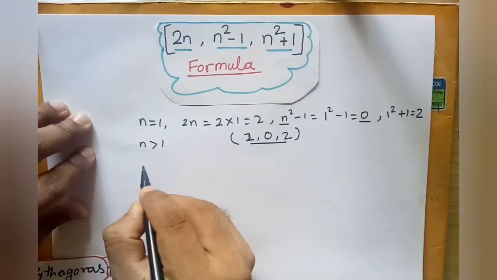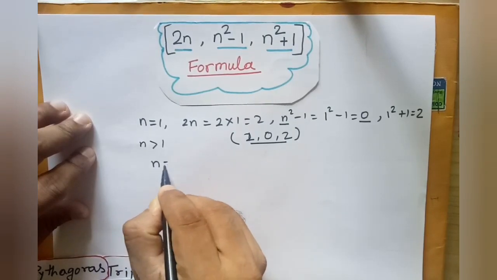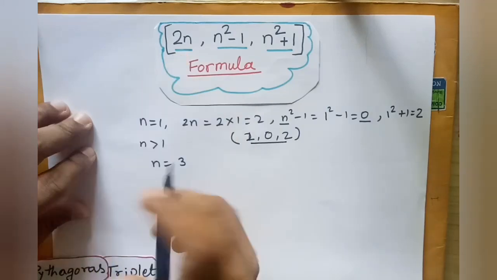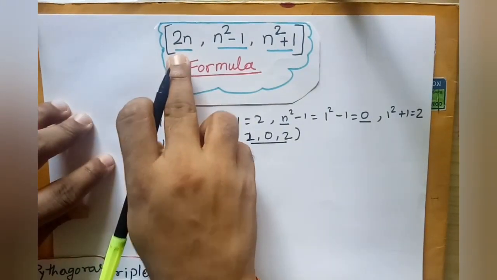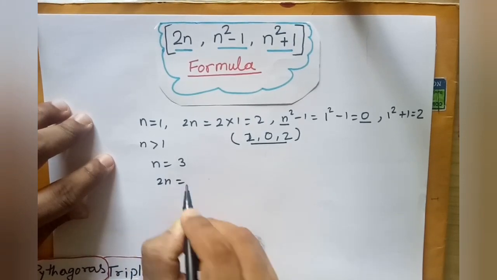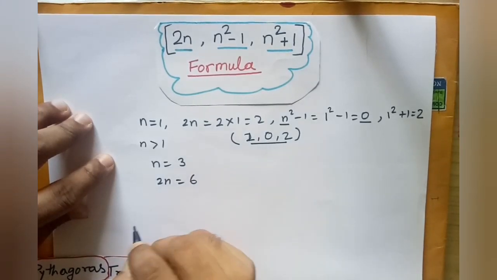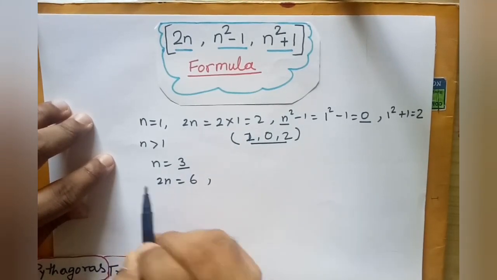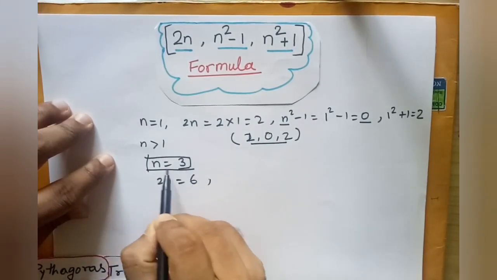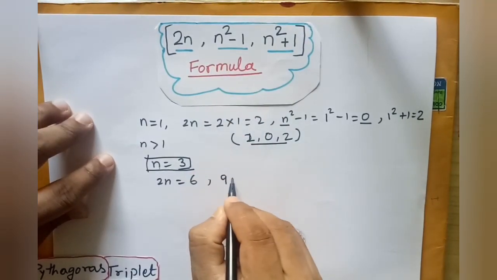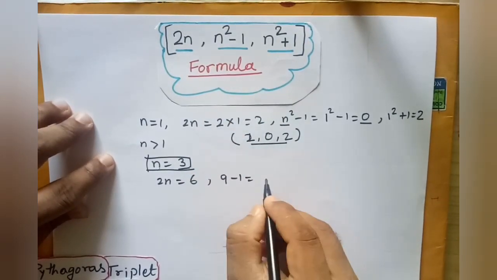Okay, now let's take an example. If I take n equal to 3, the first number is double of n, that is 2 into n, and the answer is 6. And second is n squared minus 1. The n value is 3, 3 squared is 9, minus 1 is 8.